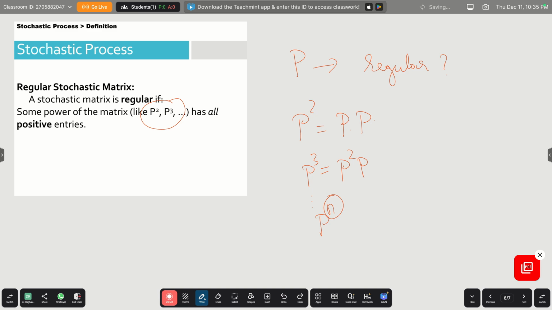Alright. Let me take a couple of examples. I'll take 2 cross 2 just for understanding. For any order matrix, you can check by multiplying two matrices. Right.